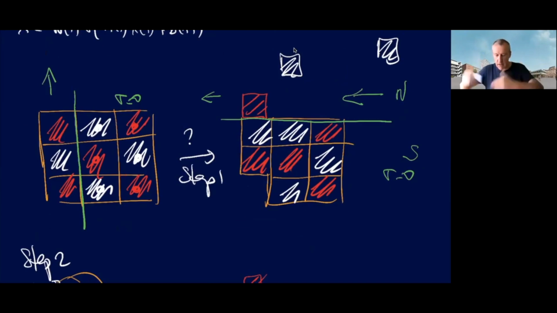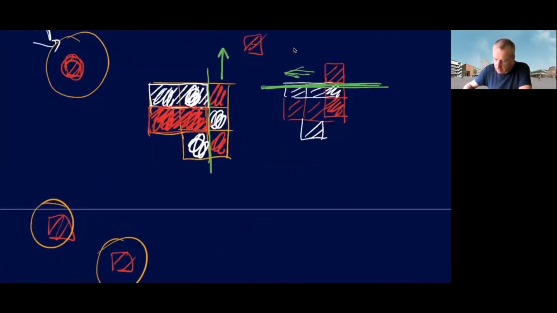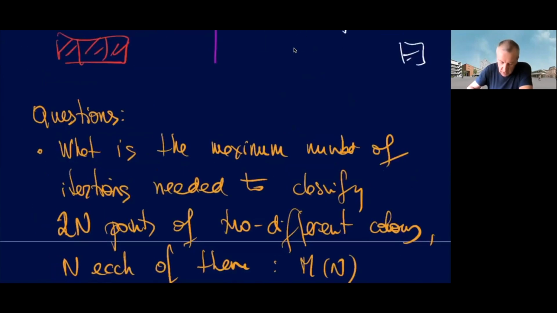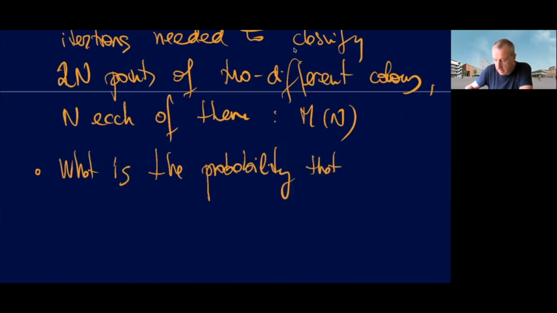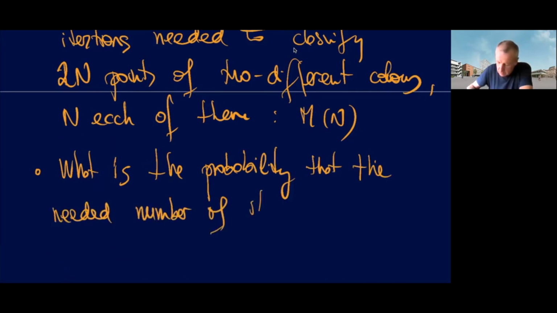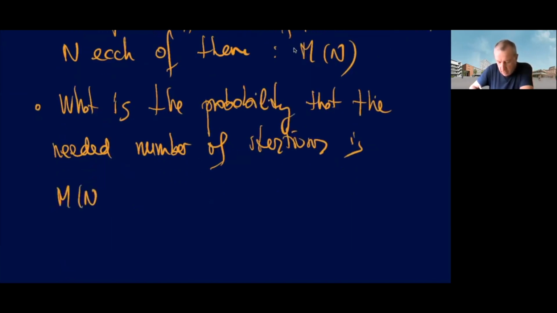So if the maximum number of iterations you need is capital M, then my second question is, what is the probability that the needed number of iterations is, well, mn-1 or mn-2, etc., right?